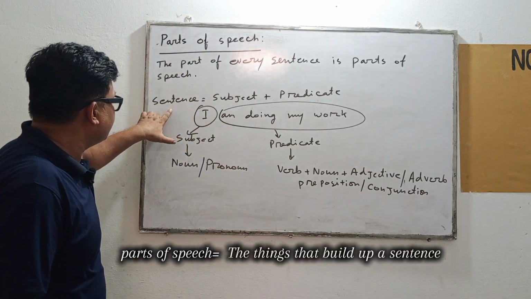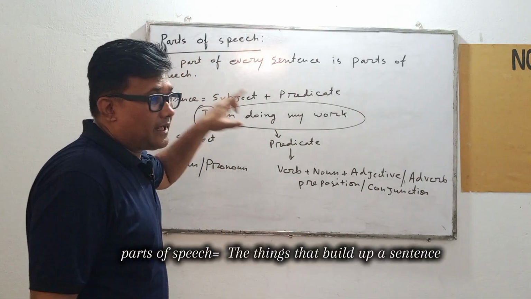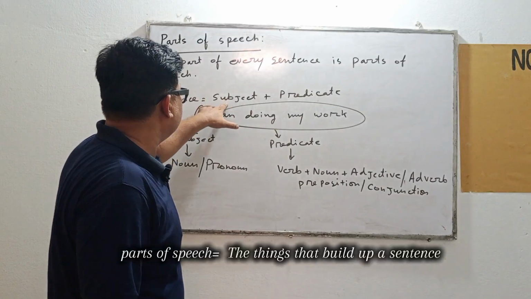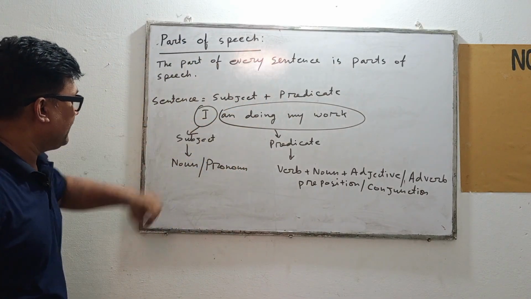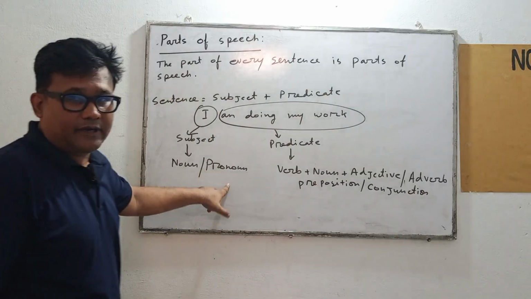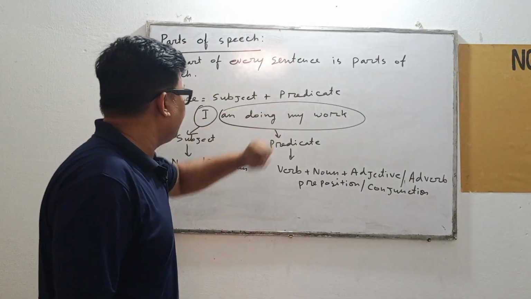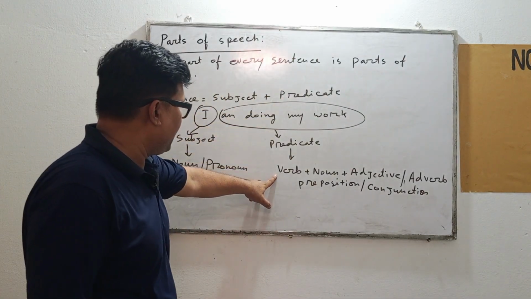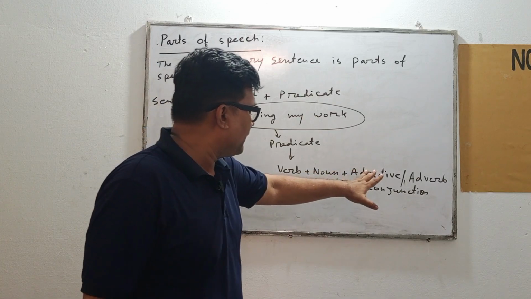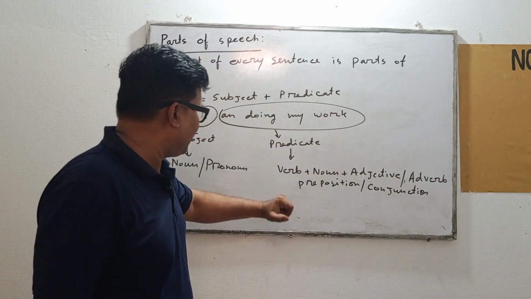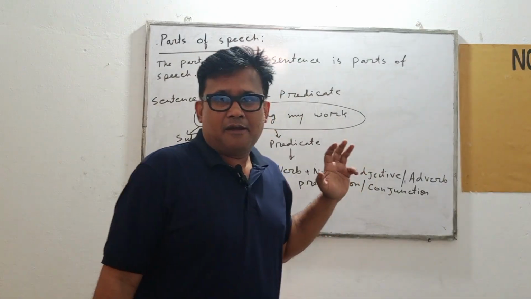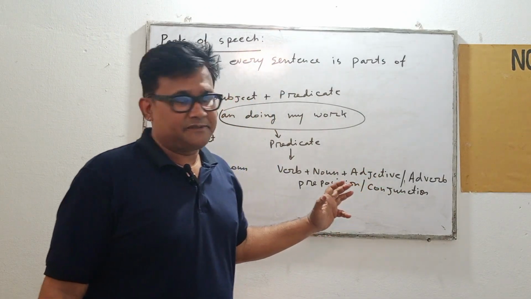Take a look here. A sentence is formed with the formula subject plus predicate. Now see, it has a subject. Subject is I. Subject can be a noun or a pronoun. And predicate is what? Predicate consists of a verb, a noun, or an adjective, or maybe an adverb, preposition, conjunction, and other parts of speech.